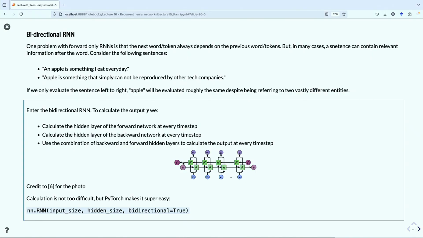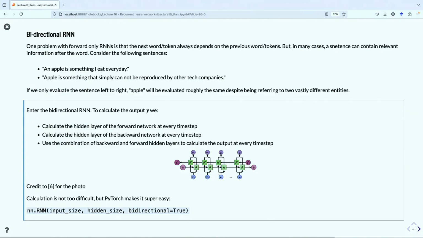After you calculate the hidden states of both RNNs: you get x0, the hidden state starts at 0, you get a new hidden state, this new hidden state goes here, you get x1, a new hidden state that goes here, and so on. You calculate the hidden states of the forward RNN, and you calculate the hidden states of the backward RNN.